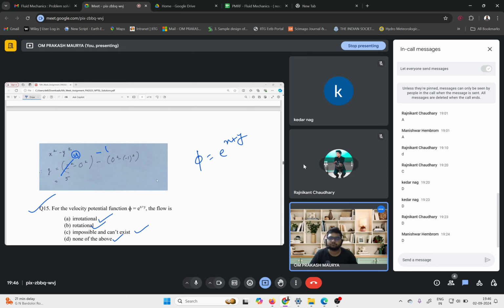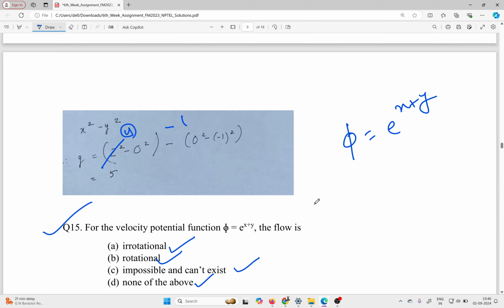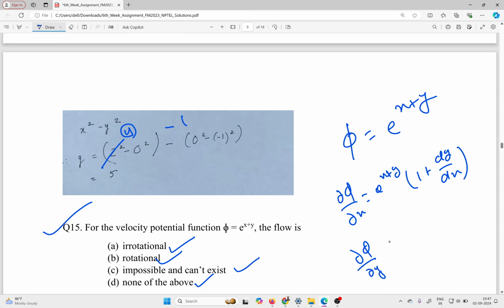Okay, let me discuss. So phi is given like that. When you calculate del phi by del x, what will come? e to the power x plus y into 1 plus del y by del x. When you calculate del phi by del y, it will come e to the power x plus y into 1 plus del x by del y.